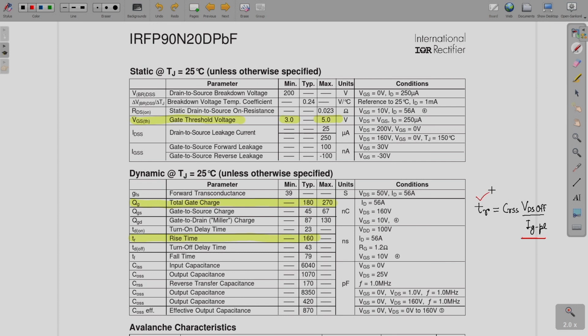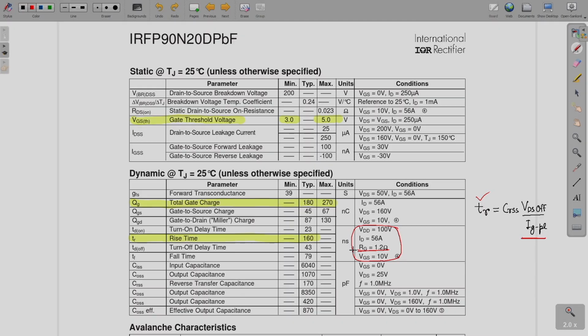So, also what you see here is that all these values are given for all these specifications. So, VDD is 100 volt, ID is 56 ampere, they already have given some RG value which they have used for finding out these times experimentally. Now, it is a good value to use these values as the starting point for whatever design you may be doing.